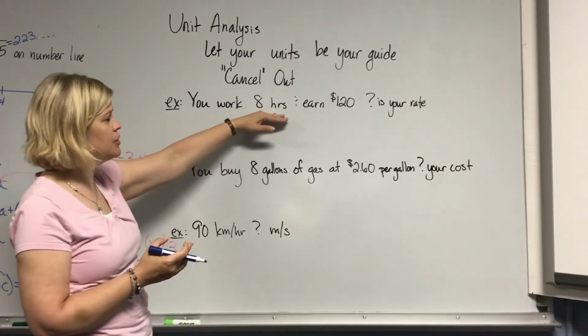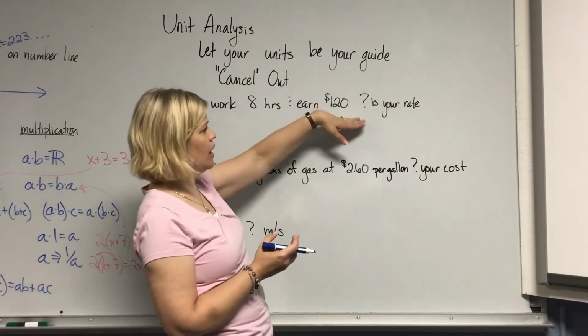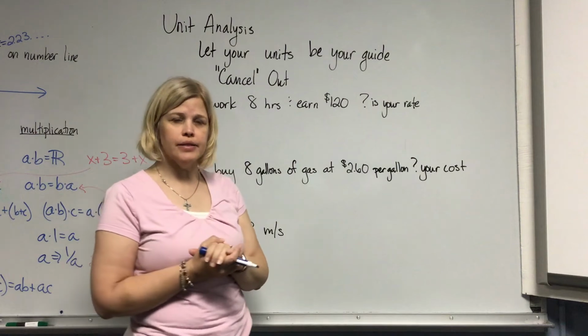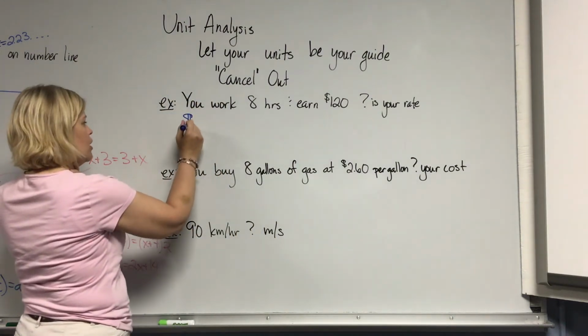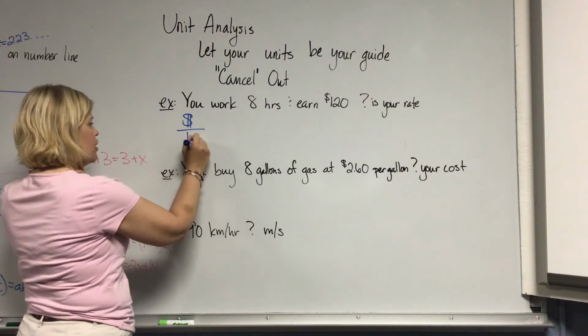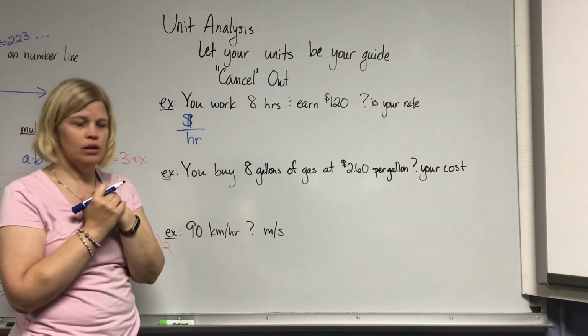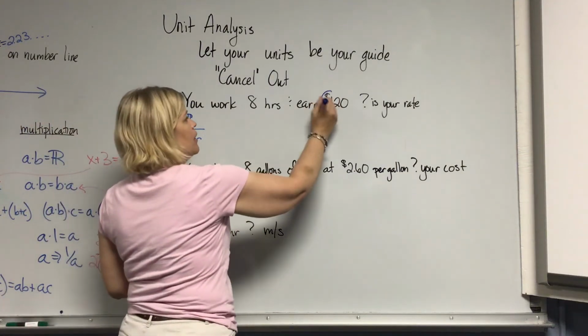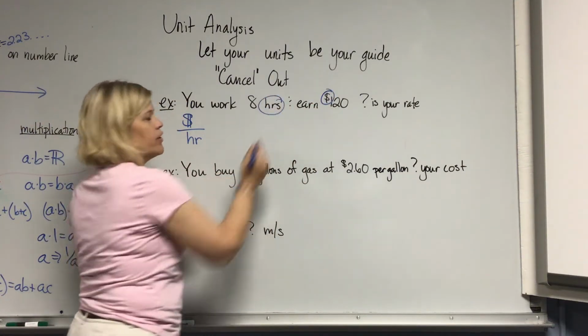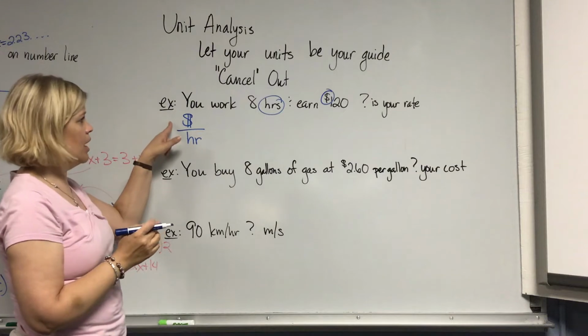You work 8 hours, and you earn $120. What is your rate? So the rate is going to be how much money you get per hour, right? So which label is up top? The dollars or the hours? Well, the dollars are.